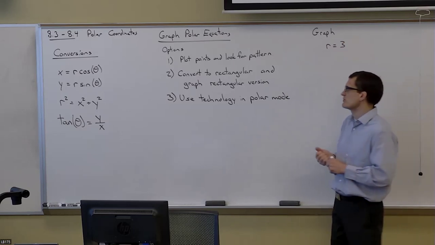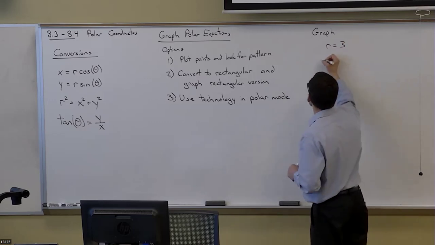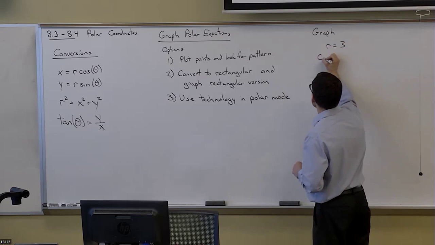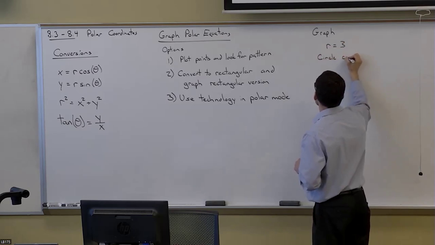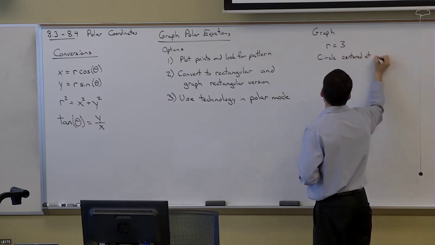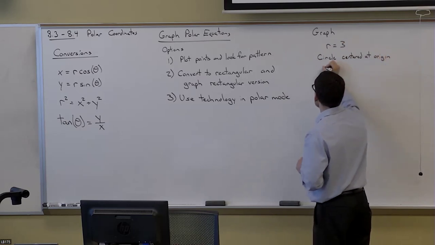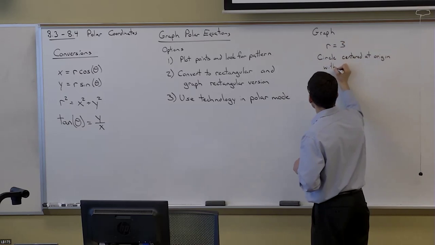Well, r equals 3, when you actually graph it, is a circle centered at the origin with radius 3.